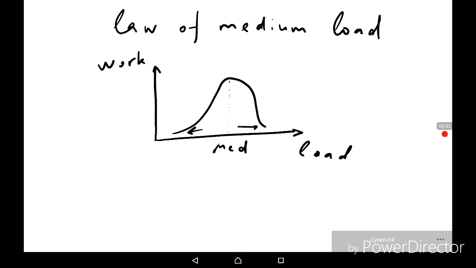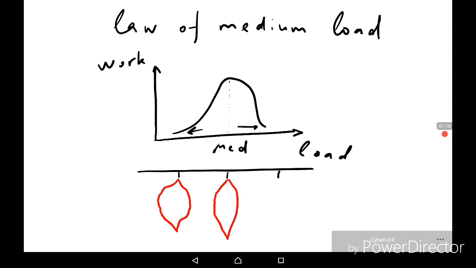How can it be explained? Let's imagine that we have 3 loads. The low load, the medium load, and the high load.